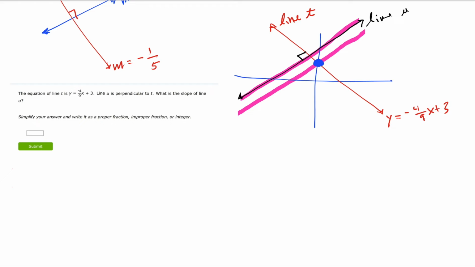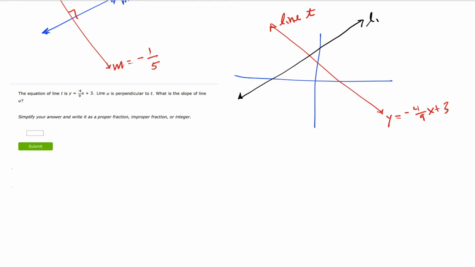You see, so line U, watch. I drew line U right there, right? Do you see line U? All right. Here's the y-intercept for line T. Here's the y-intercept for line U. They're different, right?